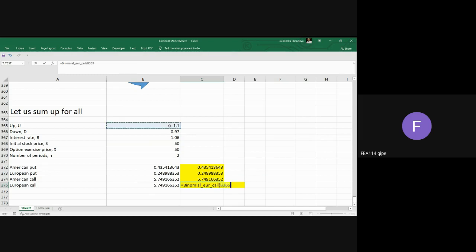Then again the same. And finally I got it. So as you can see, the prices of the American put and European put are different, but the prices of the American call and European call are the same.